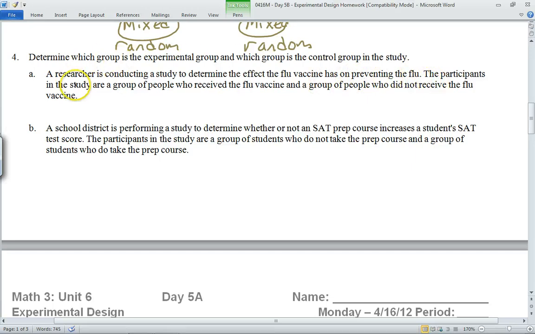The participants in the study are a group of people who received the flu vaccine and a group of people who did not receive the flu vaccine. Okay? So, determine which group is the experimental group and which group is the control group. Alright, so which group is which? Blurt it out.